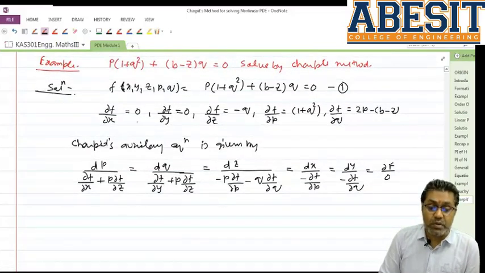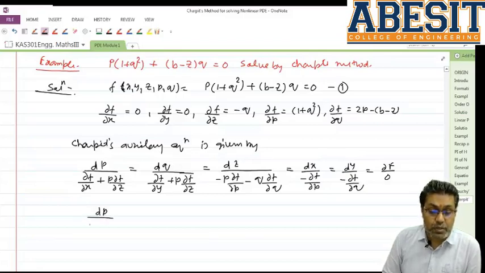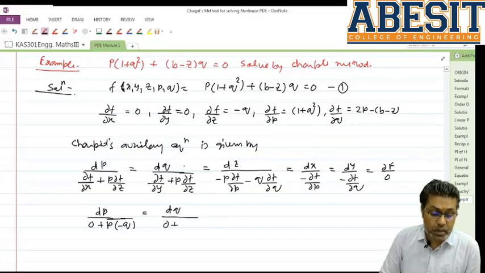तो ये सारी की सारी वैल्यूज हमने निकाली हुई हैं, वो सारी की सारी वैल्यूज हम यहाँ पे रखेंगे. dp upon del f upon del x is 0, 0 plus p और del f upon del z की वैल्यू है minus q. This is minus q is equal to dq upon del f upon del z, फिर 0 है. This is basically this value is q rather than p.